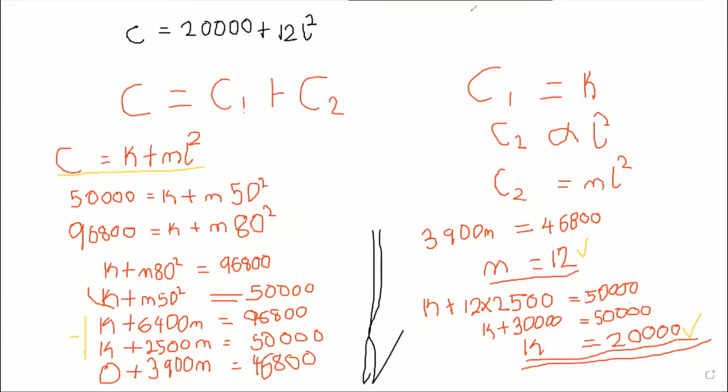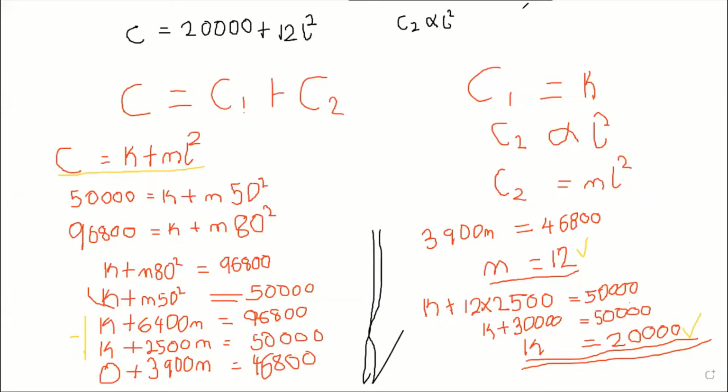M is a constant. In variations, in proportions, if they say C2 varies as L squared, in order to write it with equal signs, you have to get a constant.